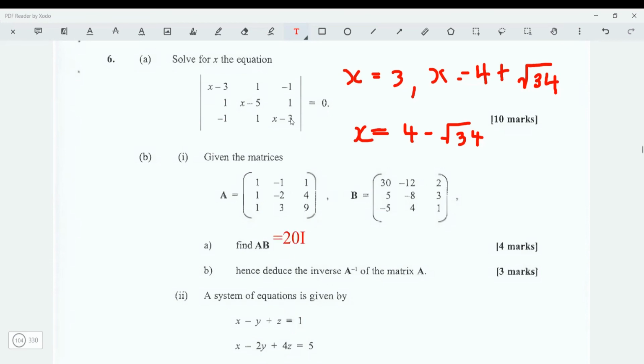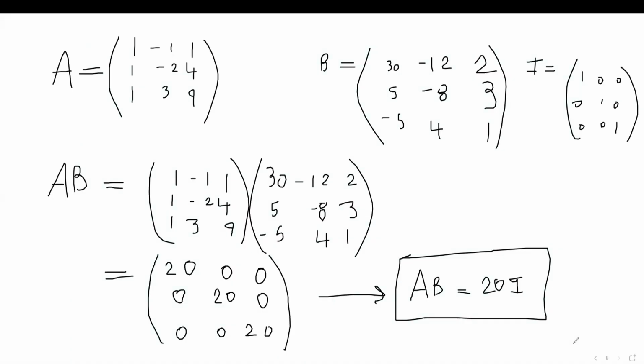Hence deduce A inverse. To find A inverse now, look at this. We know A times B is 20I, right? A times B is equal to 20I. If we want to find A inverse, we need 1 over A. So find A first.